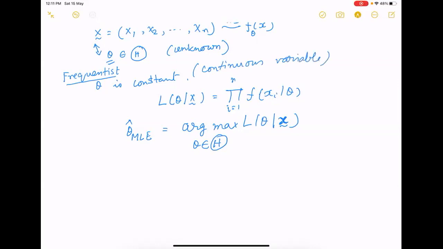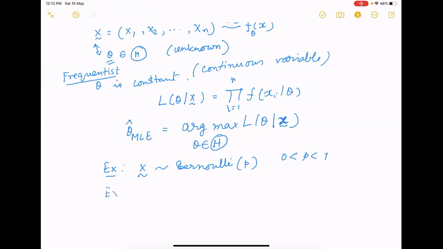For example, when you assume x tilde follows a Bernoulli P, you are saying P is between 0 and 1. We know the true value of P is some constant, but P itself is a continuous value in the range 0 to 1. Given the data, we try to find the value of P for which the likelihood is maximum.